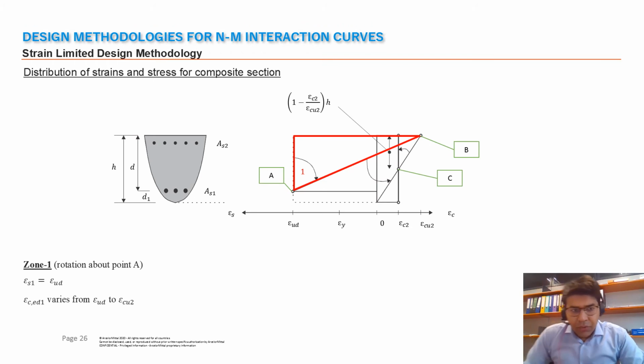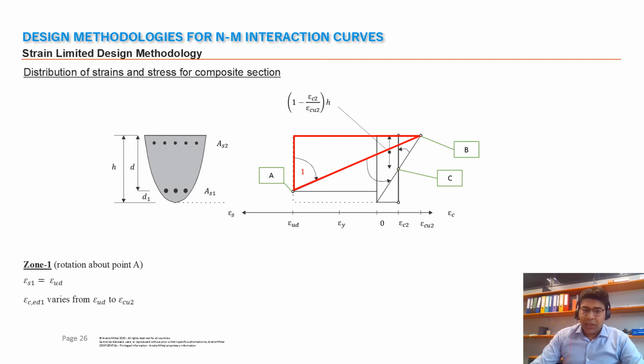So a brief overview on how the strains are distributed on a composite section. I've divided any cross section into three zones. Zone 1 represents a rotation about point A, so capturing all the combinations of strain in a composite section.